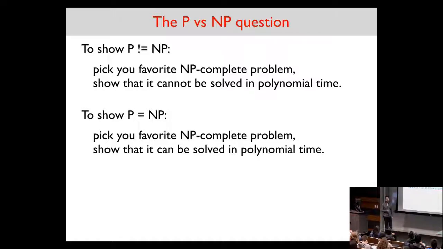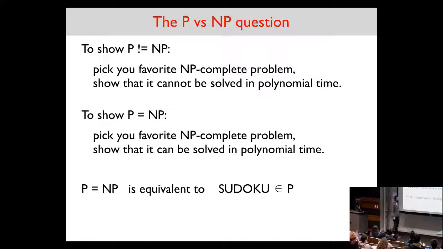So really, this famous P versus NP question, one of the deepest questions that we've ever asked, is equivalent to asking whether Sudoku is in P or not. Because Sudoku is NP complete, so maybe that's the favorite NP complete problem you pick. This is an equivalent statement.